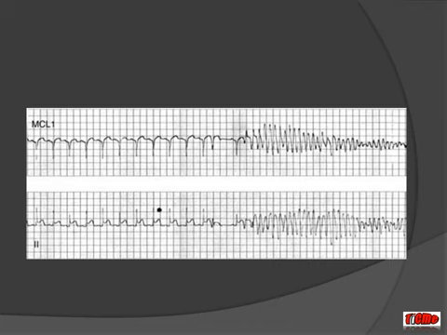Now luckily we have got a rhythm strip. The QTc doesn't look like it's going to be more than halfway between the R waves, so the end of the T wave is less than halfway between the R waves, and that would tell us the QTc is likely to be less than 500 milliseconds. So this is polymorphic VT, not likely to be torsade de pointes. The treatment is immediate cardioversion.